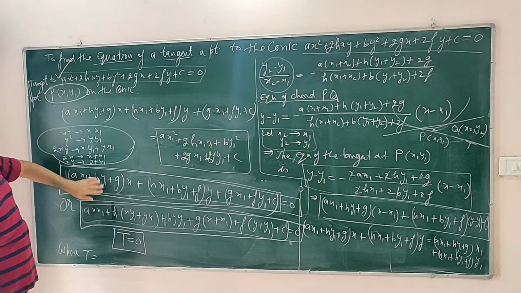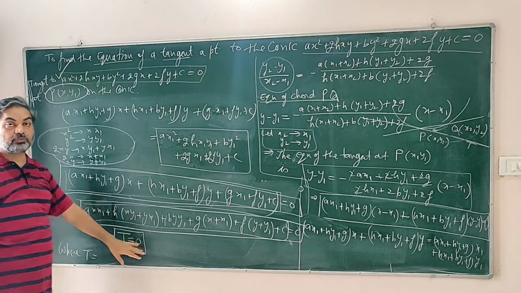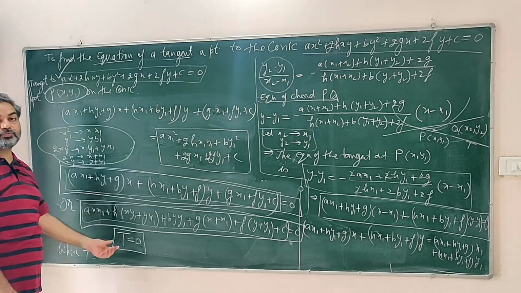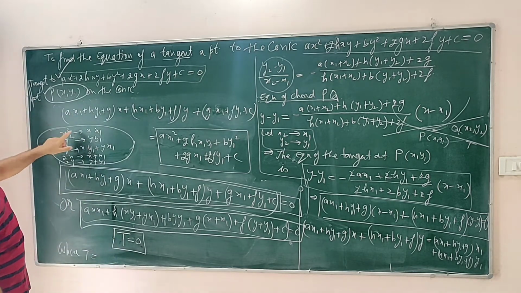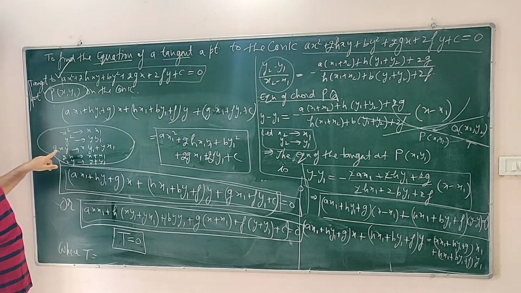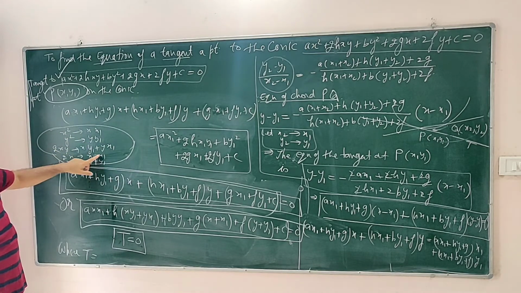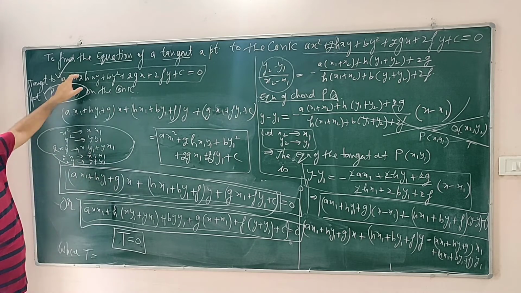In short, it can be written as T equal to 0, where T is found by replacing x square by xx1, y square by yy1, 2xy by xy1 plus yx1, 2x by x plus x1, and 2y by y plus y1 in this equation.